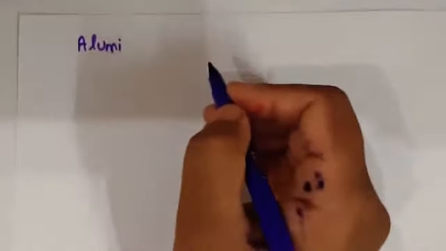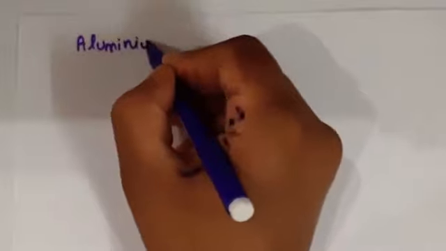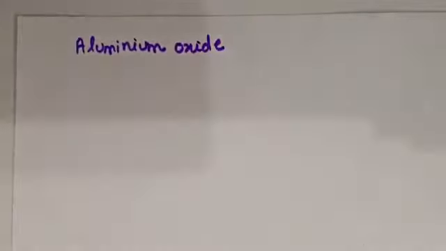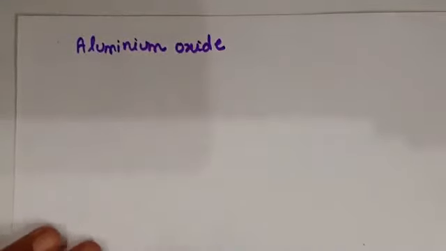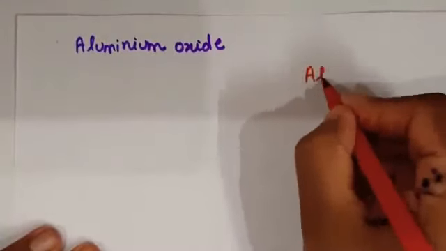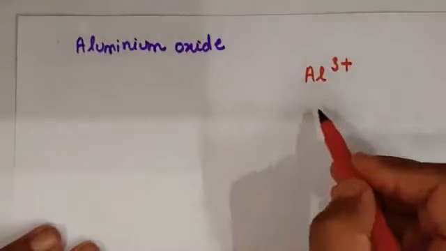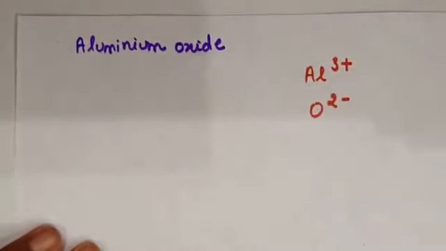I am taking more examples. Aluminium oxide. Okay, what is the formula of aluminium? It is Al3 positive. And what is the formula of oxide? It is O2 negative.